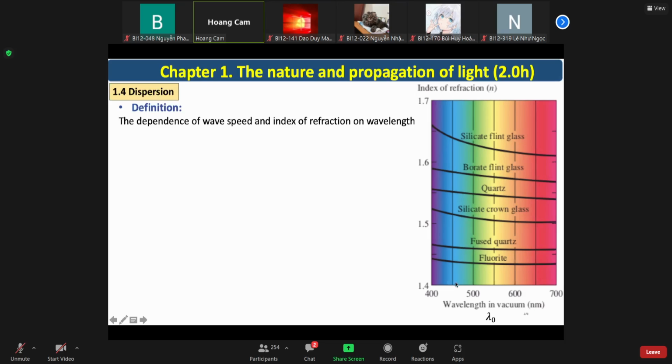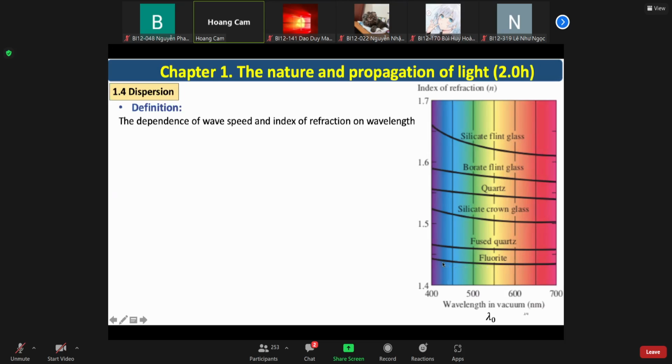If we consider the fluoride, at different values of the wavelength we see that the index of refraction also changes, but not that much, because the slope here is more or less flat.